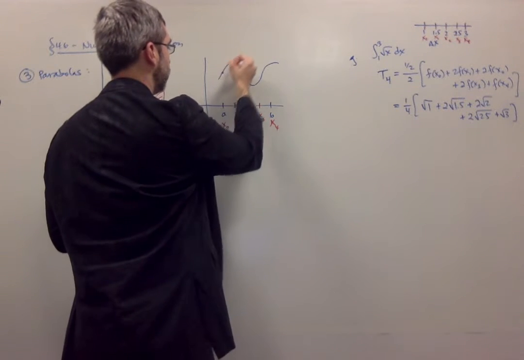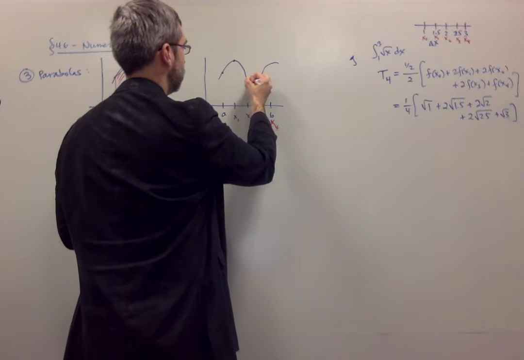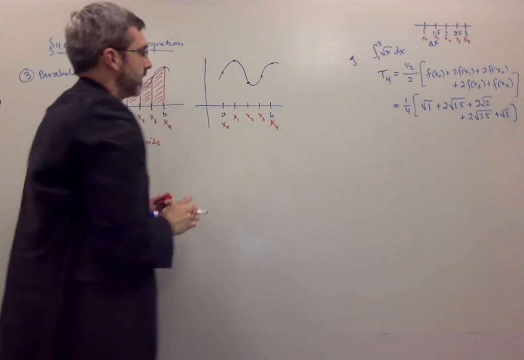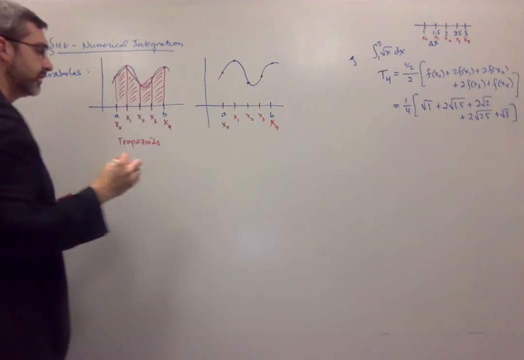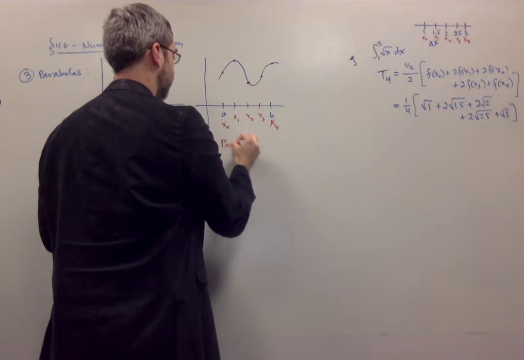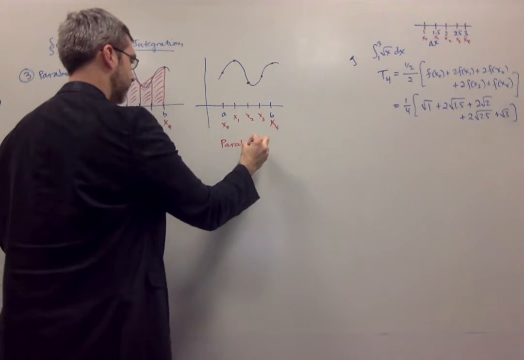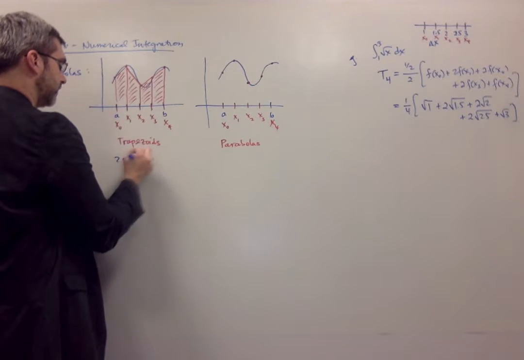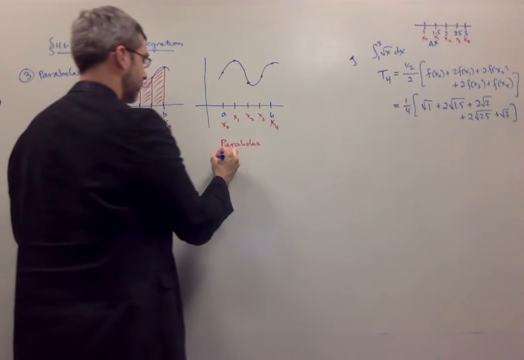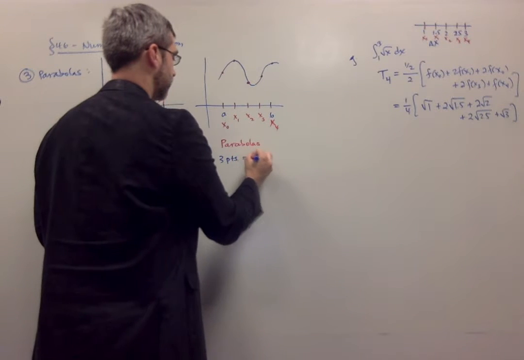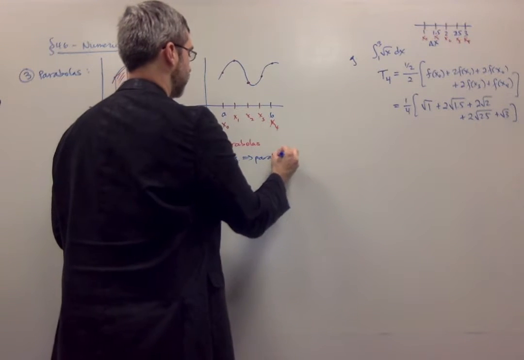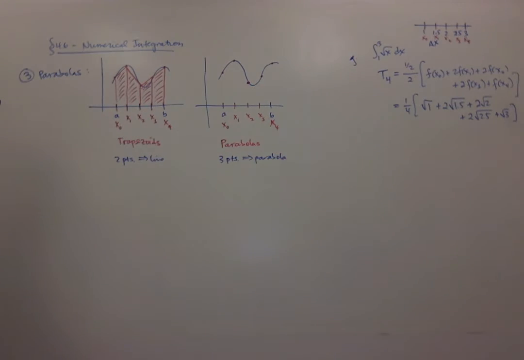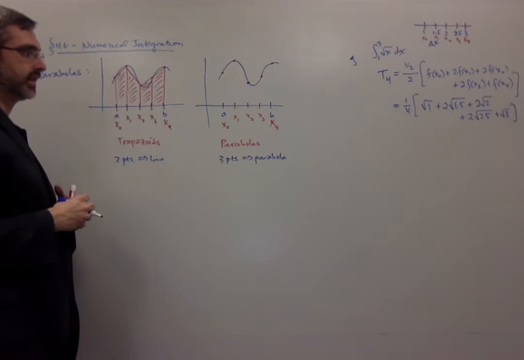Okay, here's the points. Okay, 3 points uniquely determine a parabola. So 2 points determine a line, 3 points determine a parabola uniquely, and I'm not going to prove that. But it turns out to be true, and it's not that hard to prove.